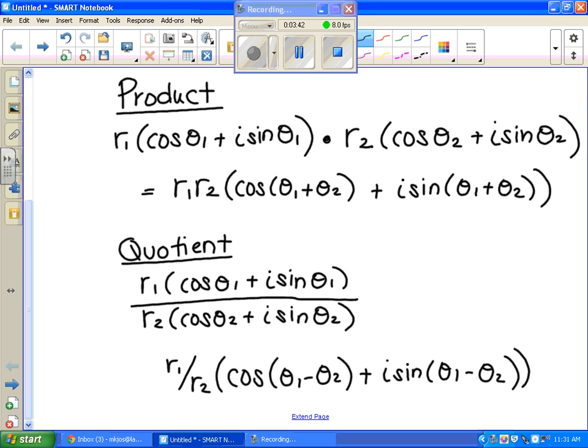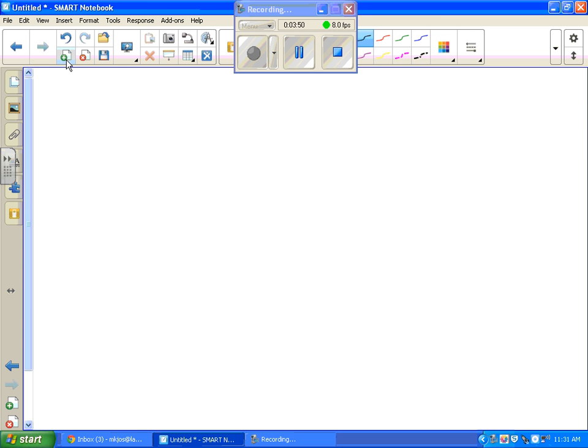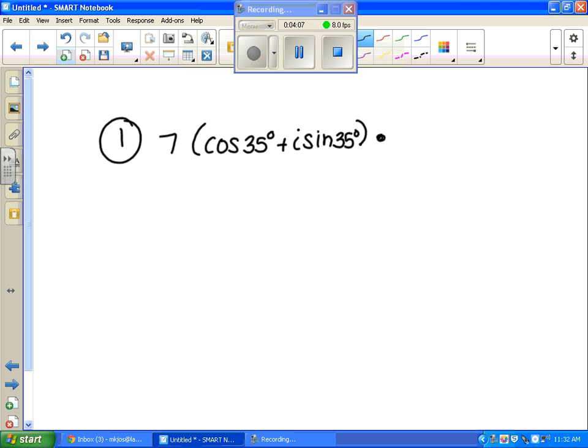Okay, I'm just going to give you 2 examples, and I think you will get it after 2 examples. Problem number 1. 7 cosine of 35 degrees plus I sine of 35 degrees times 3 cosine of 15 degrees plus I sine of 15 degrees. Okay, this is a product problem.